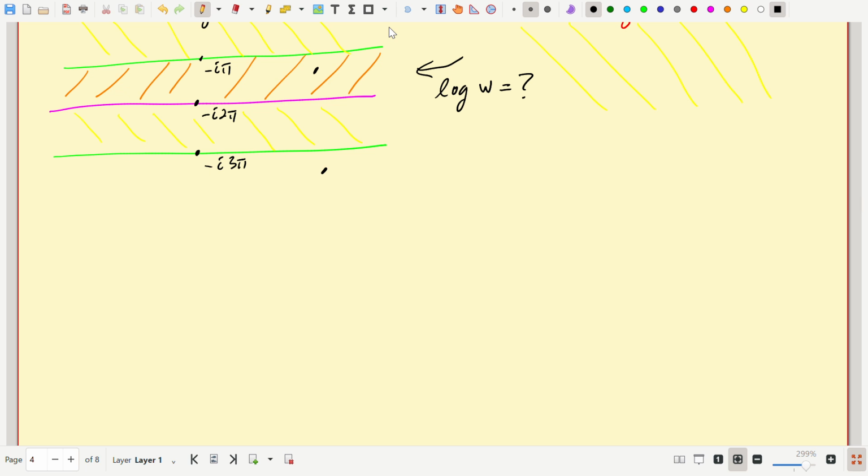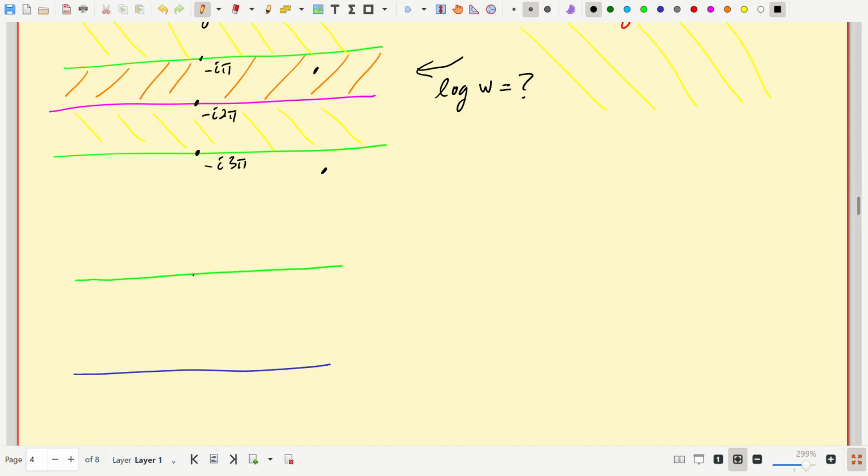So let's think about, this is the principal branch. Maybe I should use green. I think I'll use blue this time. Blue and green.